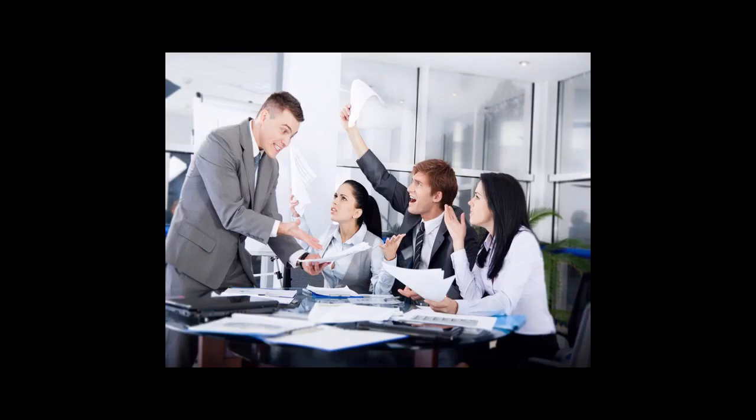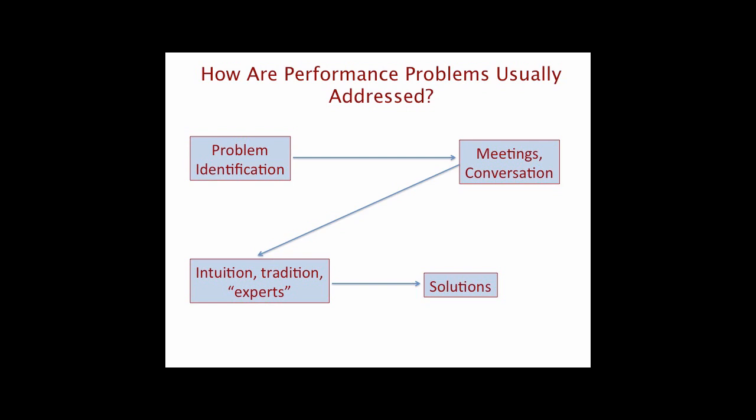Many of you will recognize this scene. It's a typical meeting where everybody is arguing about what the problem is in a school environment, for example, and how to solve it. This is very typical. We often start with problems and we try to throw solutions at them without really stopping and diagnosing.